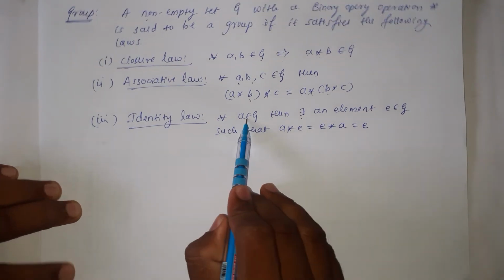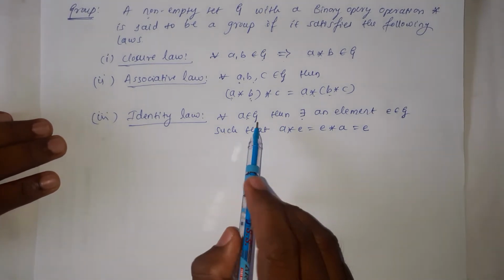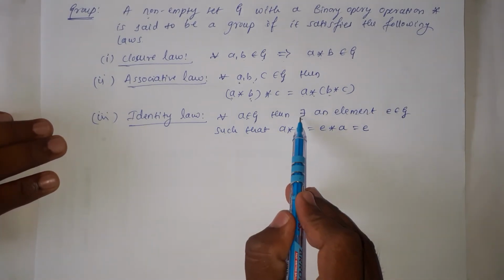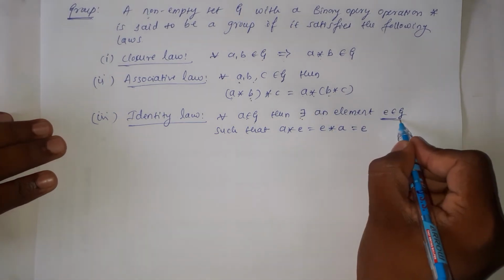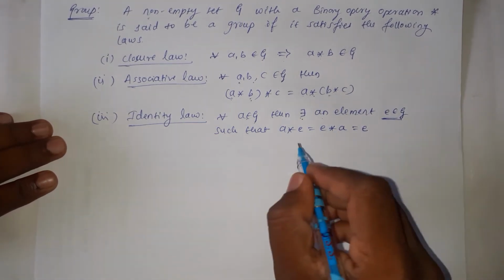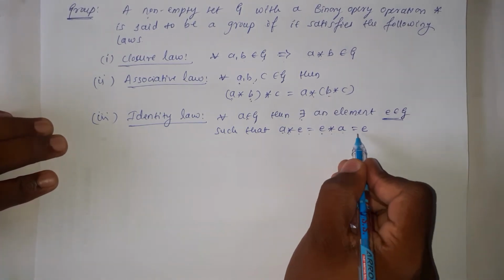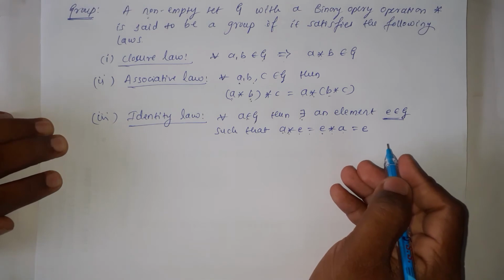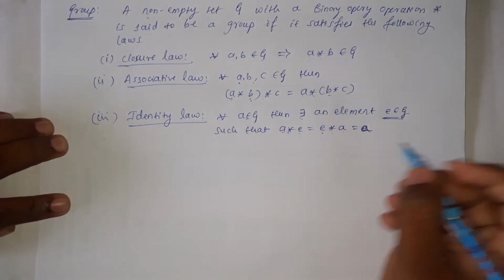For all a belongs to G, means for each and every element of G, there exists an element small e belongs to G such that a star e is equal to e star a is equal to a.